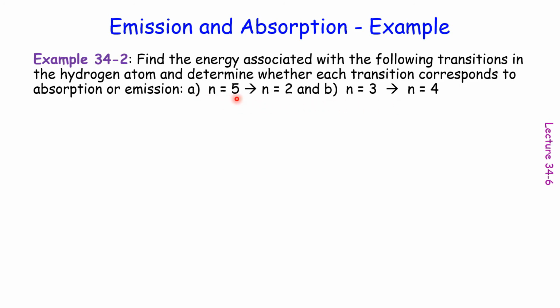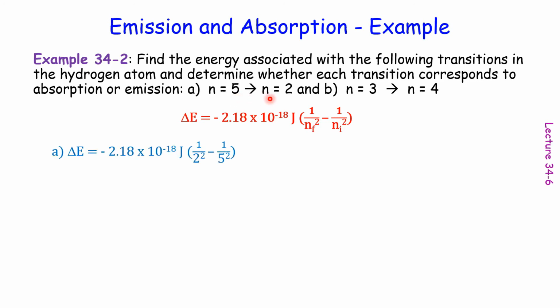The first one is from n equals 5 to n equals 2, and you can see that's high energy to low energy. Then that process should be an emission process. We use this key equation. Just need to pay attention to which n value is Nf and which one is Ni.